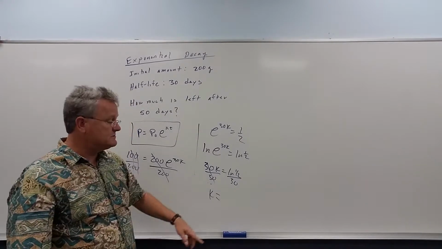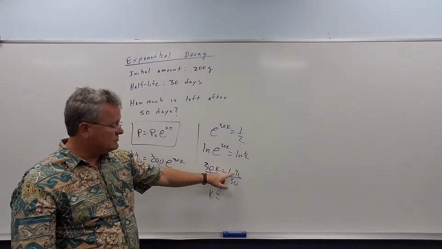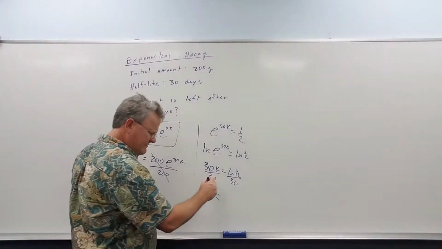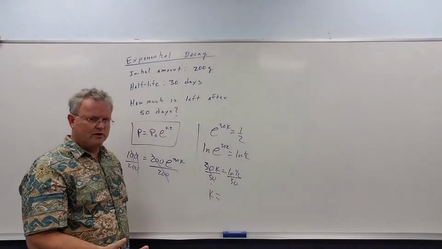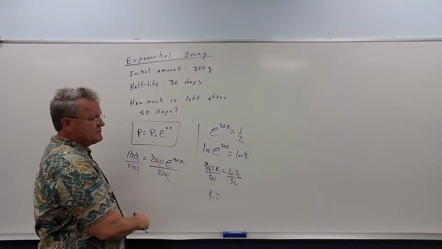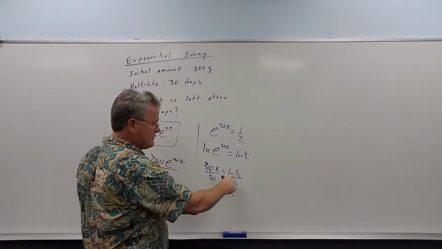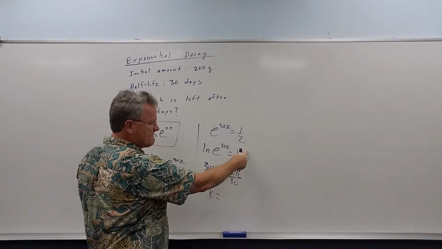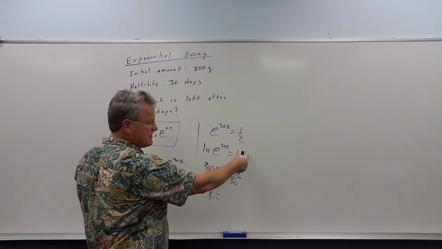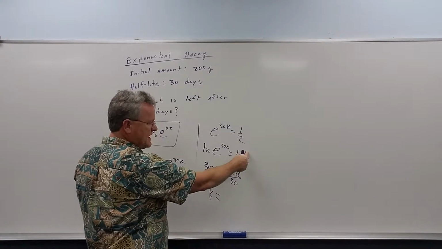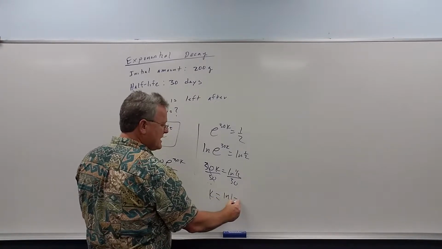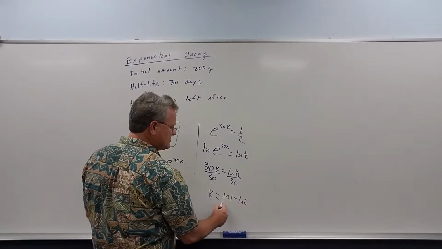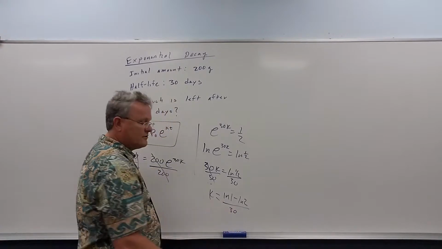Now, some people simplify this. Let me do that. You can use this, there's no problem with that. You can plug that in for k, but let's simplify. Remember, the natural log of a over b equals the natural log of a minus the natural log of b. So it's the natural log of 1 minus the natural log of 2, over 30.